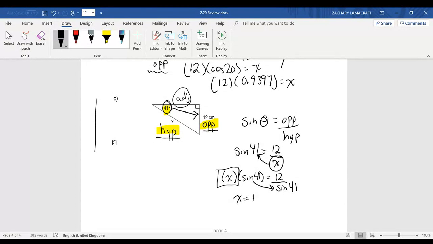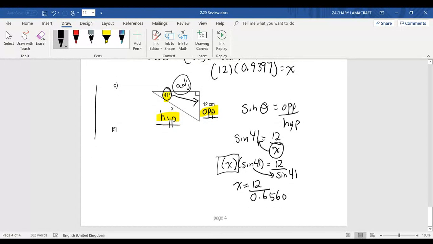And then we'd have x is equal to 12 divided by sine 41. So sine 41 is 0.6560. And if I did 12 divided by 0.6560, I would then get the answer x is equal to 18.29, or rounded to 18.3 centimeters.